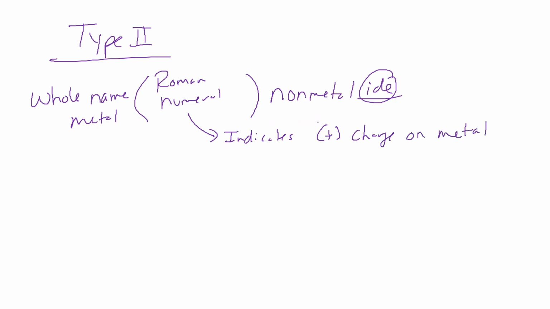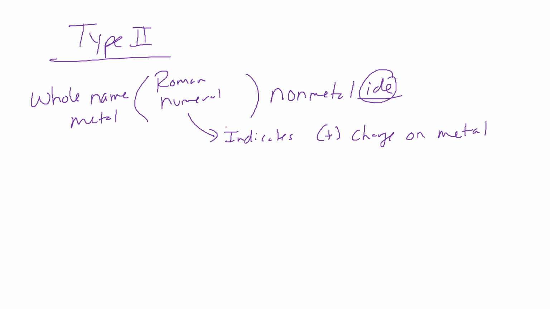Now, people always sort of mess this up. They think perhaps the Roman numeral is how many metals they have, or sometimes they think it's the total positive charge of all the metals together. It's not. What the Roman numeral tells you is, if you took one of those positively charged cations out by itself, what the positive charge is on it.